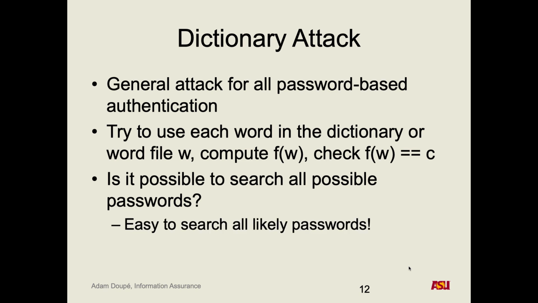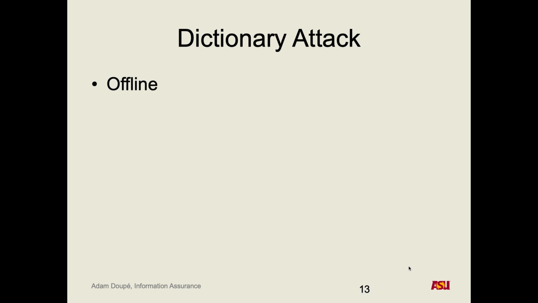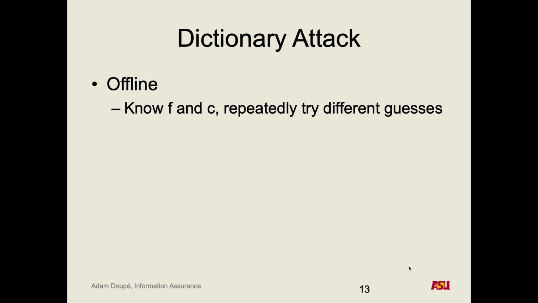So maybe it's difficult to search for all possible passwords, but it's much easier to search for likely passwords, right? Again, this is where we're using the fact that these are humans writing these passwords. And we can perform a dictionary attack, as we mentioned, offline, so we know the function that's being used, and we have the hash, we have the complementary information, C. We can repeatedly try different guesses.